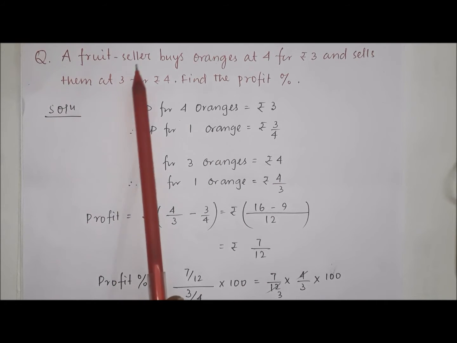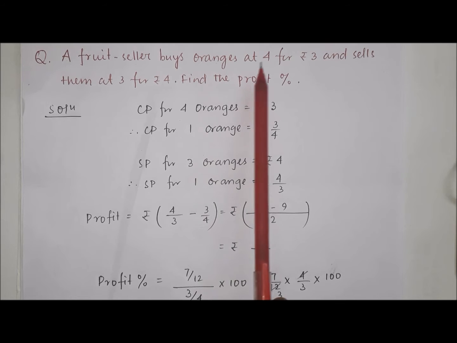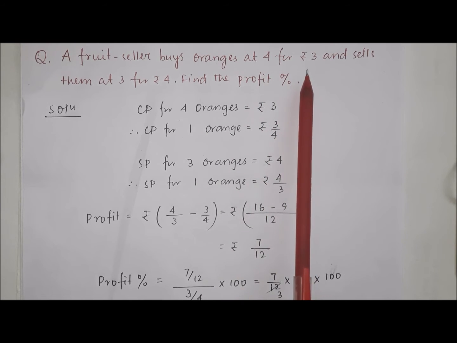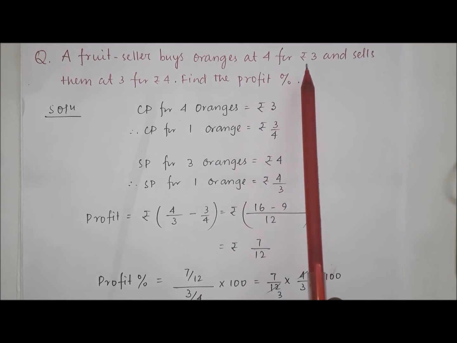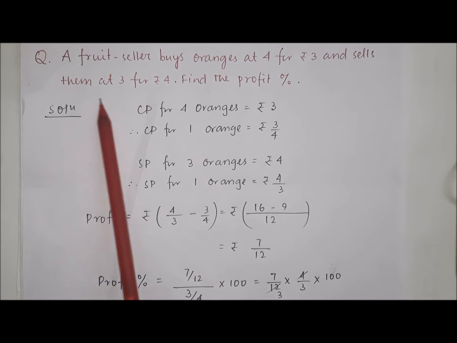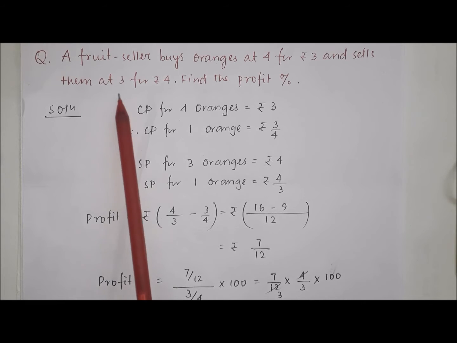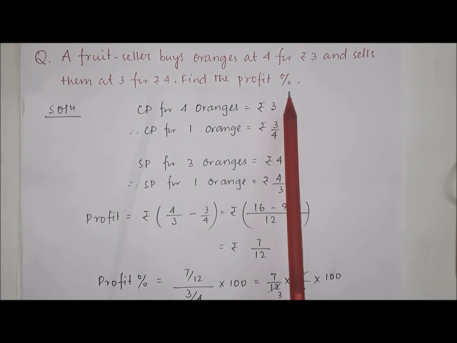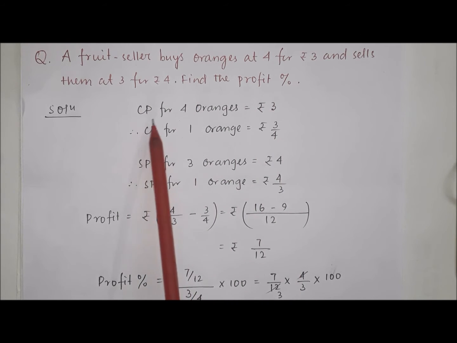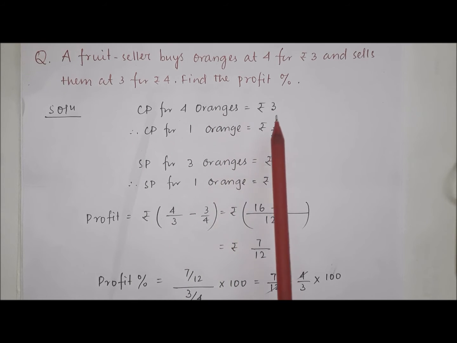A fruit seller buys oranges at 4 for rupees 3, that means 4 oranges for rupees 3, and sells them at 3 for rupees 4, that means the selling price of 3 oranges is 4. Find the profit percent. So the cost price for 4 oranges equals 3.